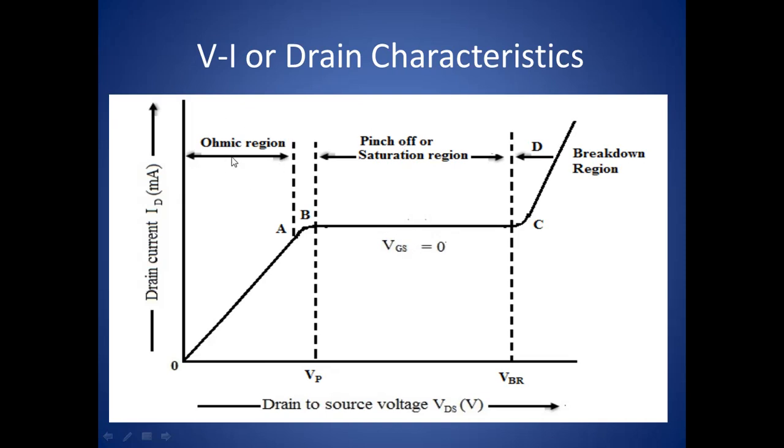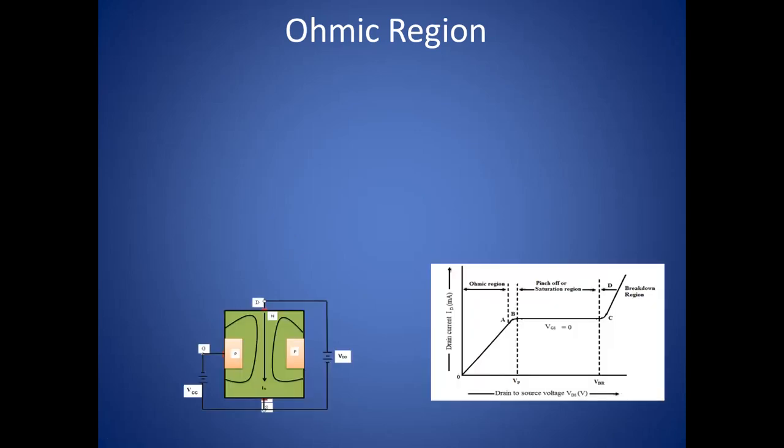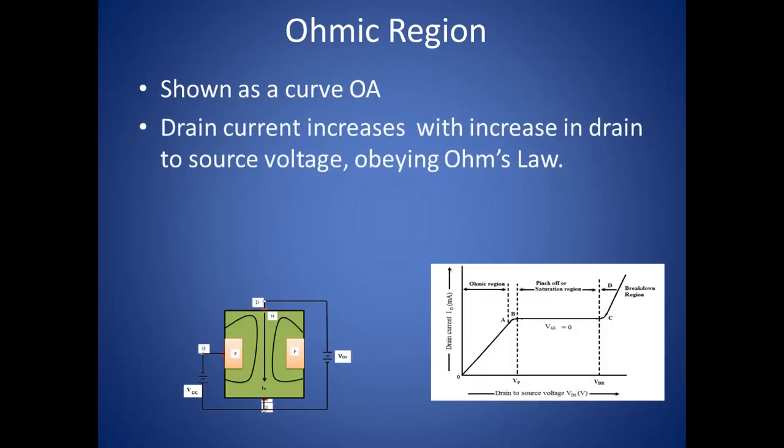First we will see the ohmic region. The ohmic region is represented by the curve OA. Up to this we have the ohmic region. Here the drain current ID increases with increase in drain to source voltage.